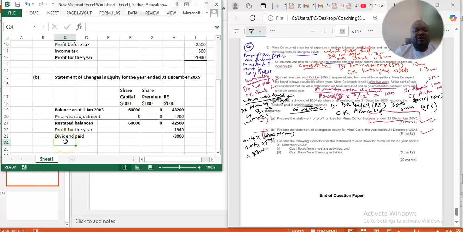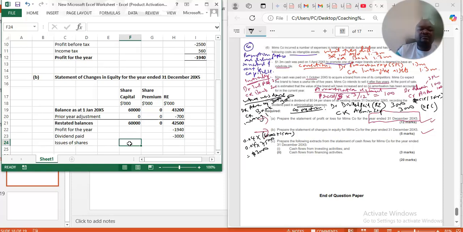So there was also issues of shares. You can see that we only put information related to equity and reserves in the statement of changes in equity.